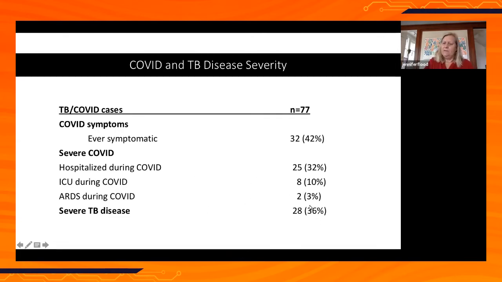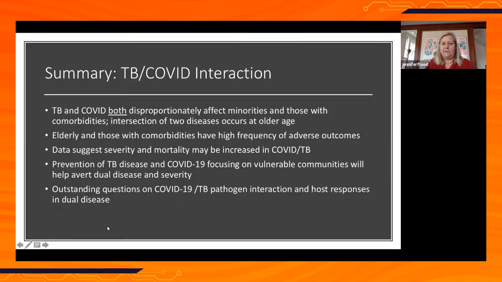So then when we looked at our TB case reports, about a third had severe TB disease. So that meant bilateral disease on chest X-ray or cavitary smear positive disease as opposed to smear negative non-cavitary.